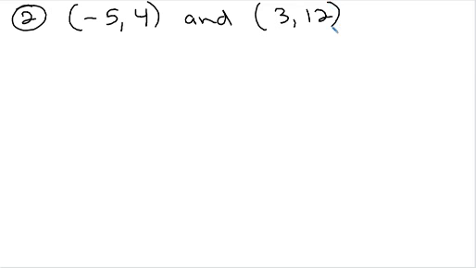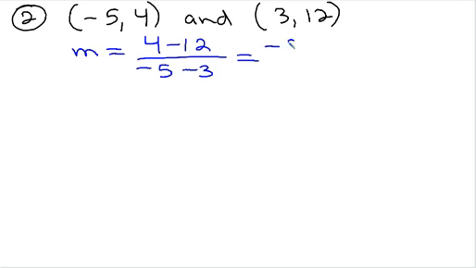So this one has an extra step. I need to find the slope first. So delta y over delta x, that's 4 minus 12 over -5 minus 3. That's -8 over -8, which is +1. The slope is 1.